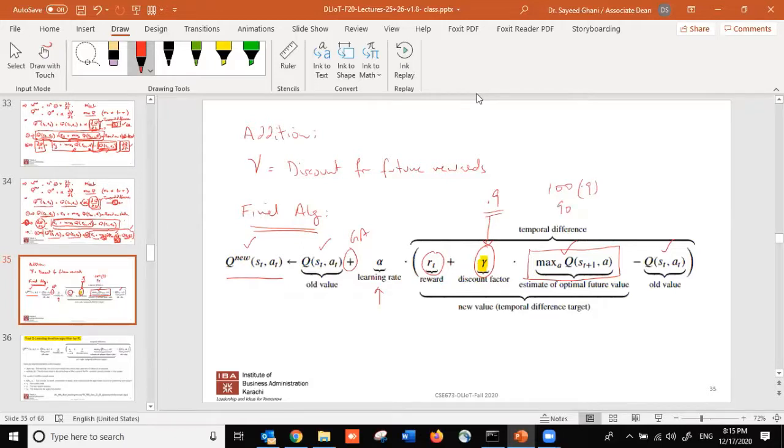And if I get a reward 2 years later, it's going to be worth 0.9 squared. You know, every year, let's say there's a 10% inflation, then that's going to be worth only 81 rupees. Okay, so this is sort of a discount factor which looks at the reduced value of future rewards. Okay, so I hope that is clear.